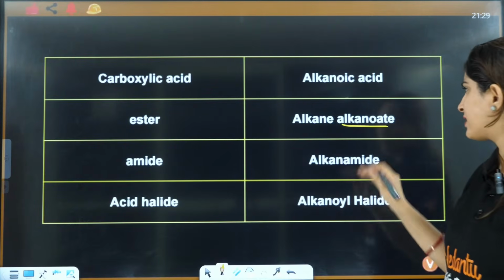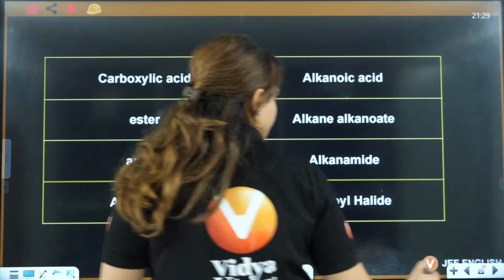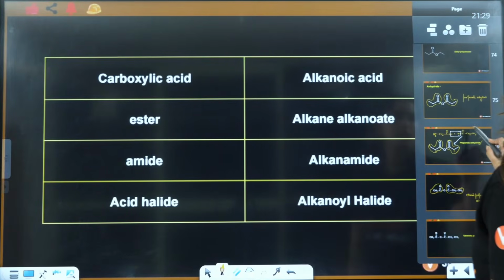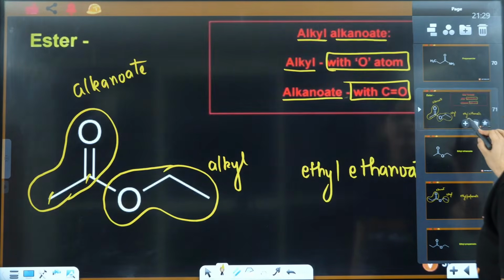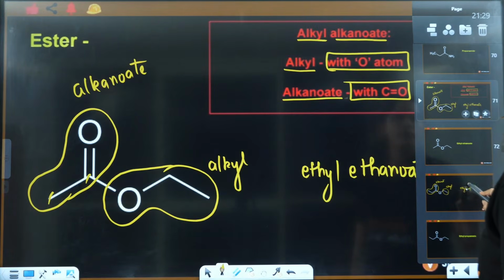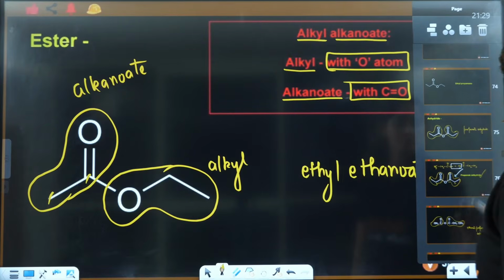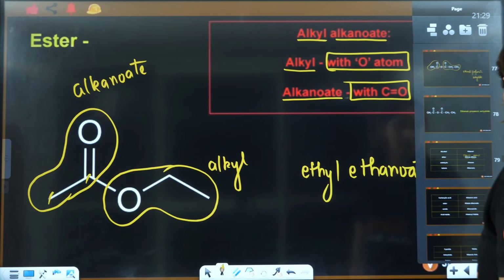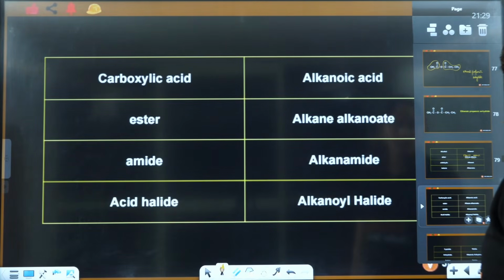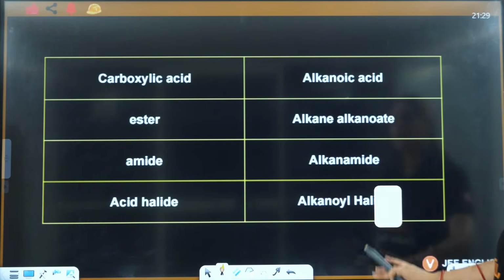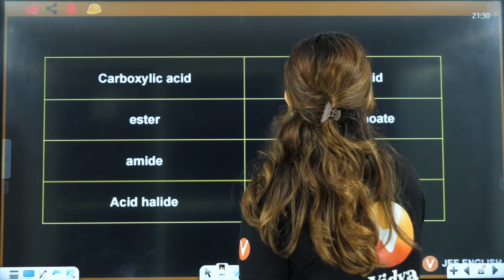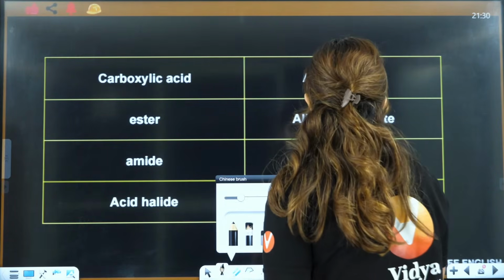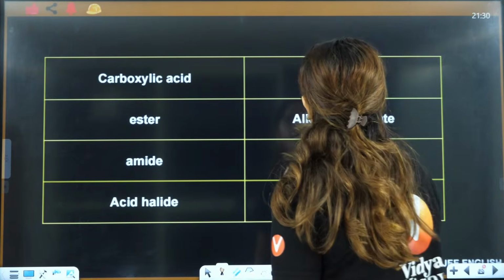Wait a minute, have I written alkyl alkanoate there? Yes, it will be alkyl alkanoate, okay?